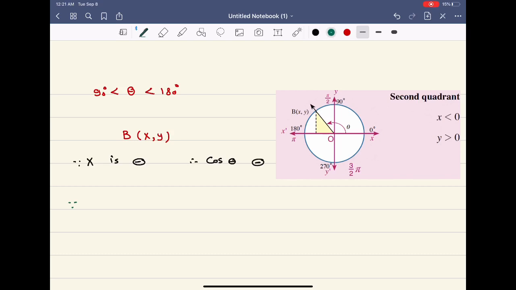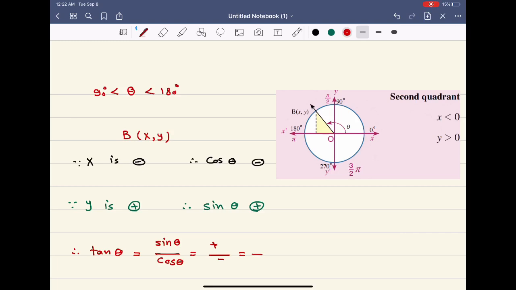Since y is positive, therefore sine theta is positive. Therefore tan theta equals sin theta over cosine theta, which equals positive over negative, which equals negative.